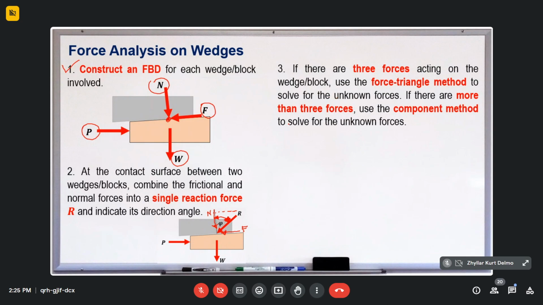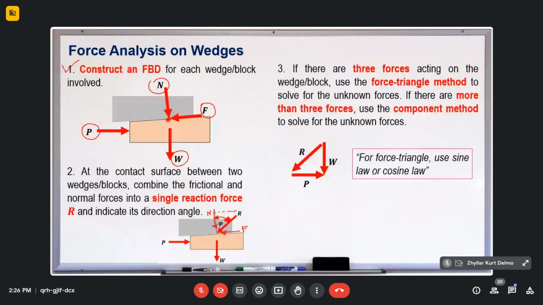If there are three forces on a single particle, a triangular shape is generated by the force vectors. With a force triangle it is easy, since there is no need for the summation of forces along x and y, or for resolving the forces into components. What you need to do with three forces, just like this one, is use the sine law or cosine law to solve for the unknown forces and unknown interior angles.